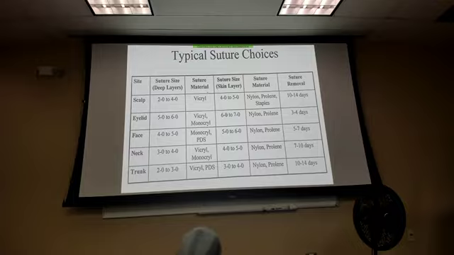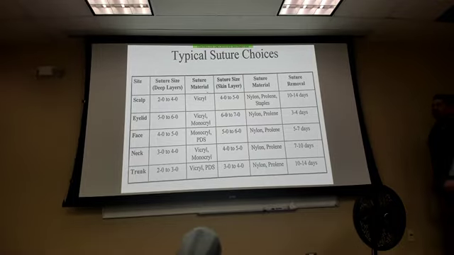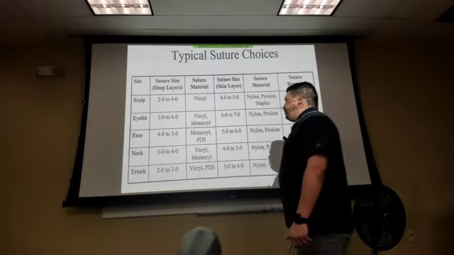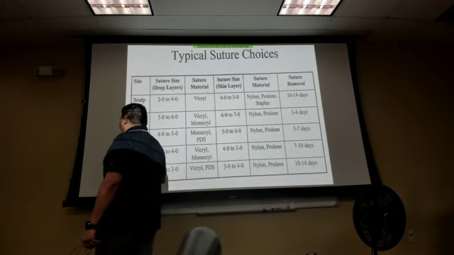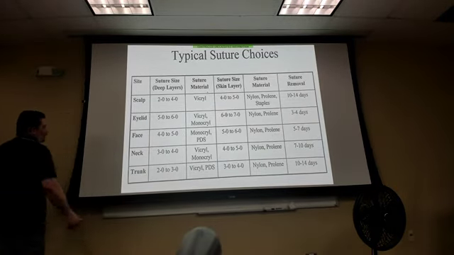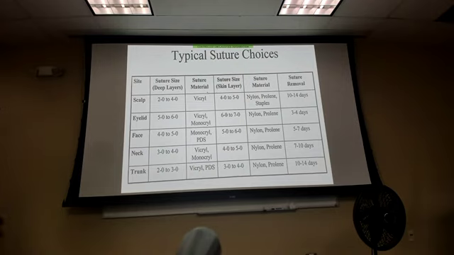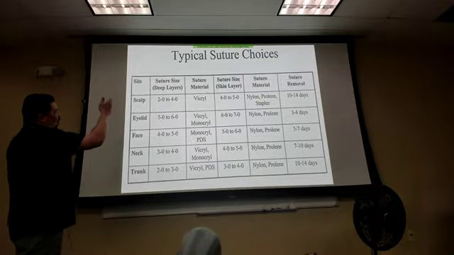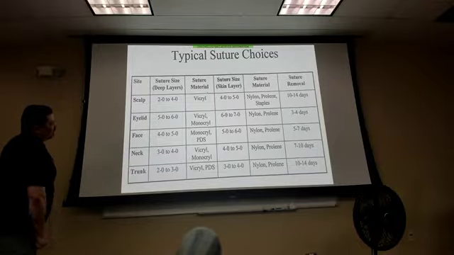You can see that it breaks it down into, is this on the scalp, the eyelid, the face, the neck, or the trunk? So you will probably be told where it's at. Then we will know if we're going to do some of the deep stuff that'll be self-absorbing. For that one, we are going to use these things here.